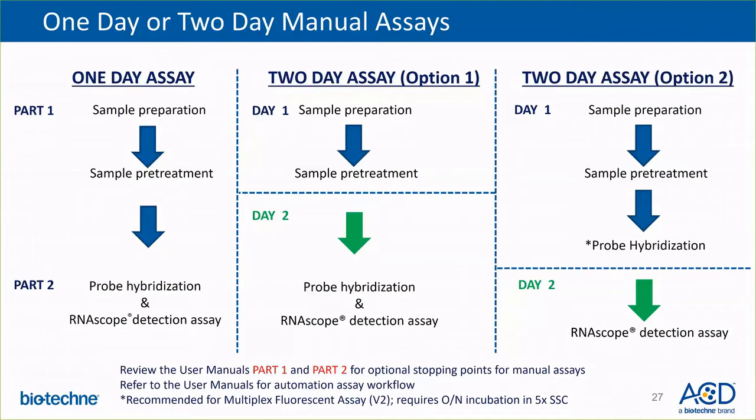The following day, you would remove the slides from 5x SSC, wash with wash buffer, then follow with the amplification reagents. This is highly recommended, especially for the multiplex fluorescent V2 assay, as it is a longer assay with several more hybridization steps. Please note in-house we use the 20x SSC purchased from Fisher.